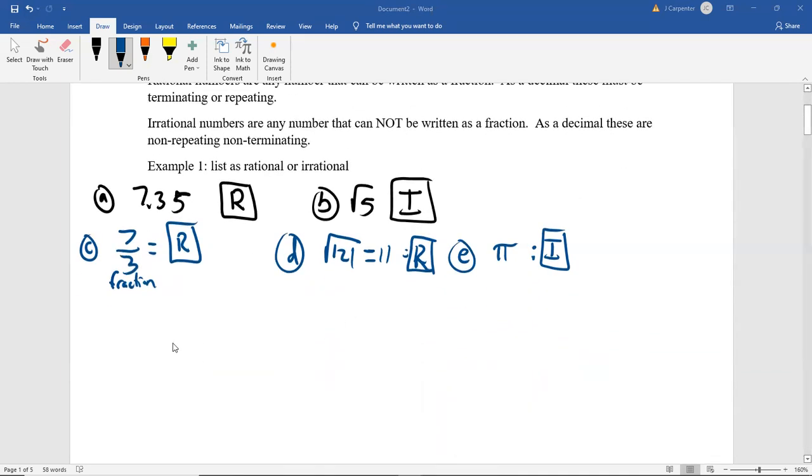All right. So next up, let's go back to doing interval notation.